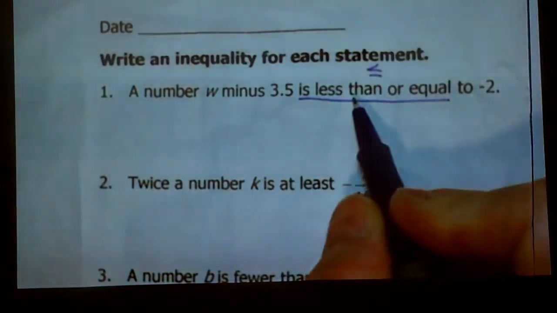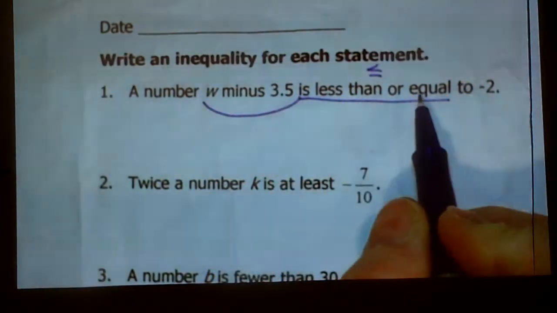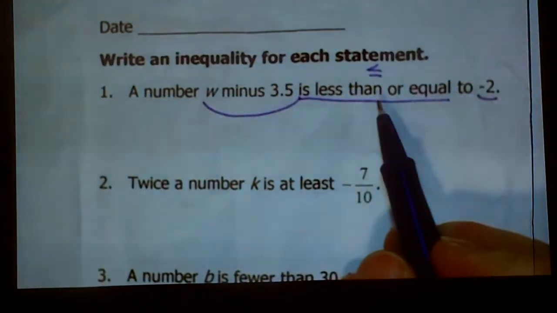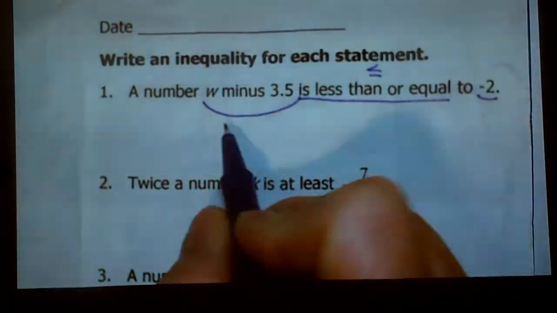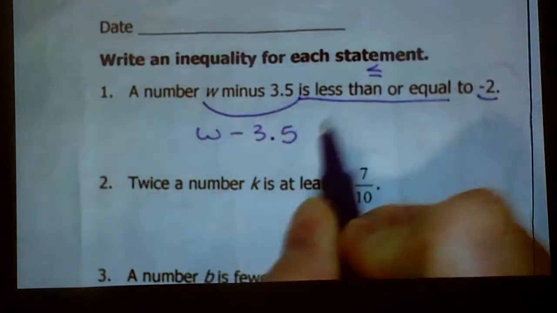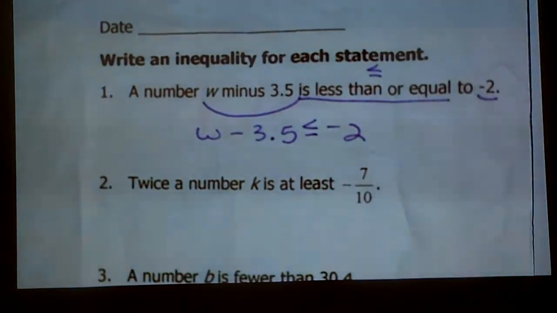And then what is less than or equal to? W minus 3.5 is less than or equal to negative 2. So this kind of serves as an equal sign, if you will. So W minus 3.5 just looks like this. We're going to use the inequality symbol here, and negative 2 goes there. Bam, that's all you have to do.